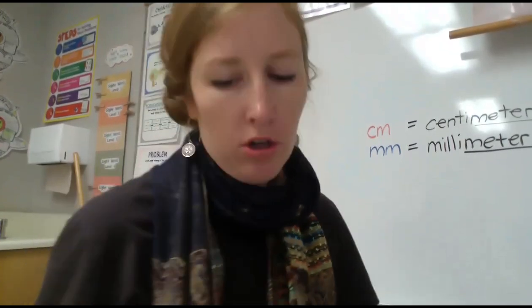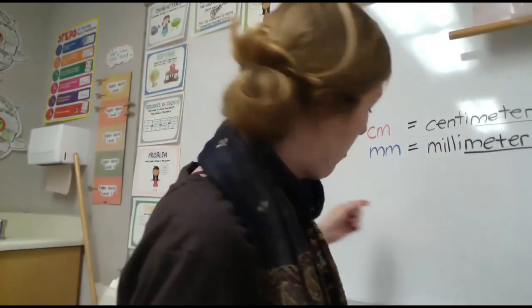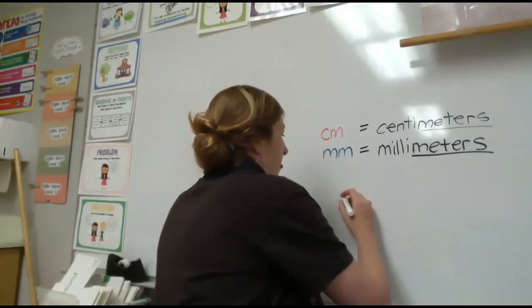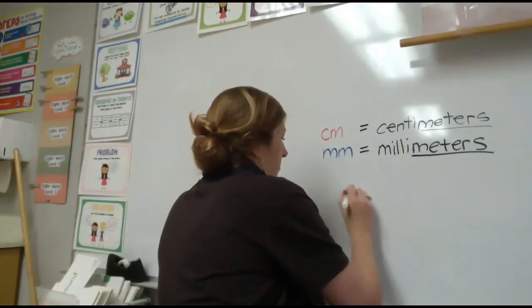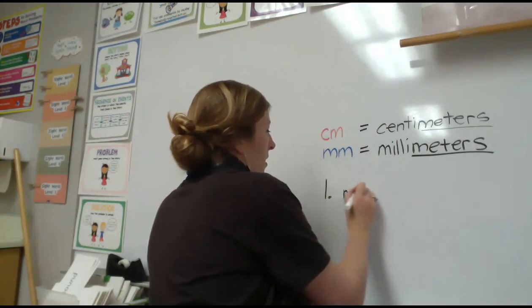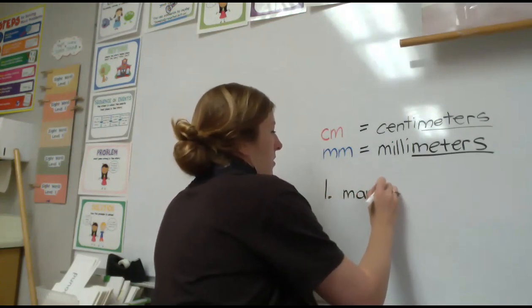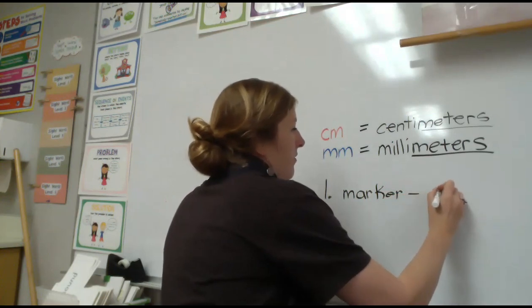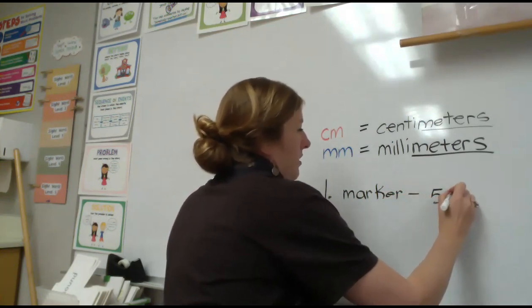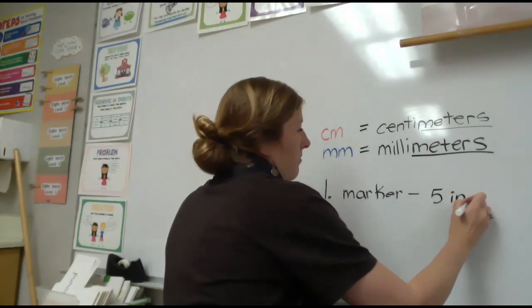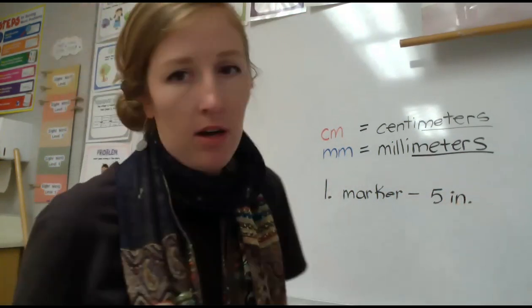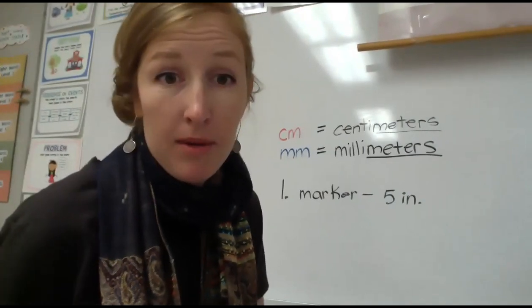And in your journal, you'll just write it down. So I just measured a marker. I would write marker. I'll do number 1, marker. And it was 5 inches. I'm gonna do IN and a dot. Now I could have also said it was 13 centimeters.